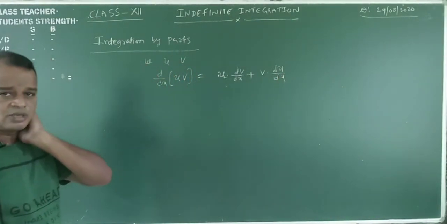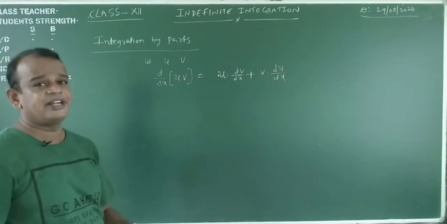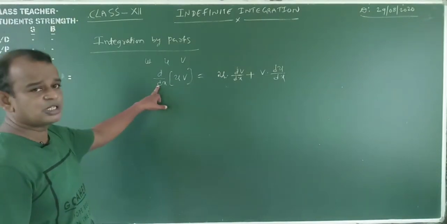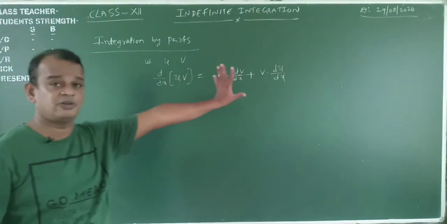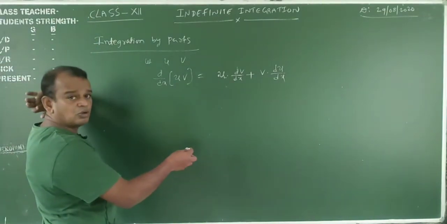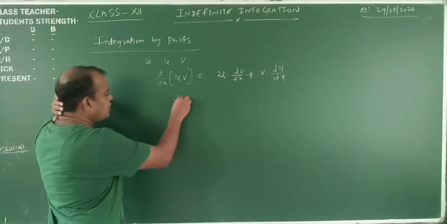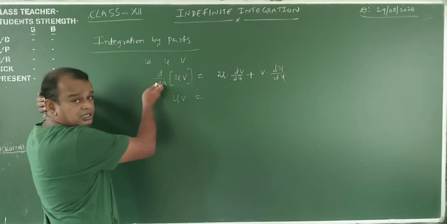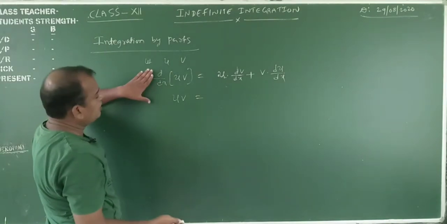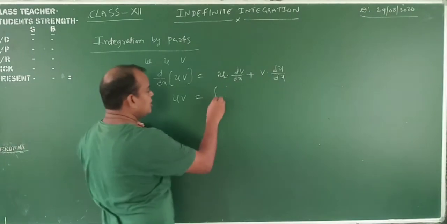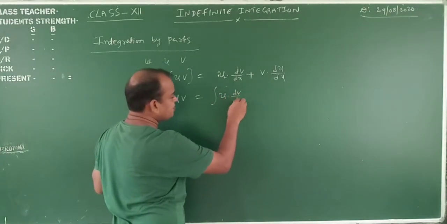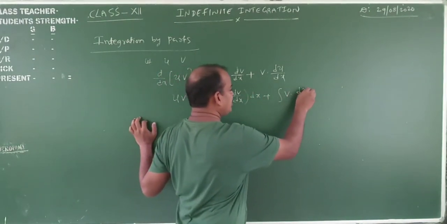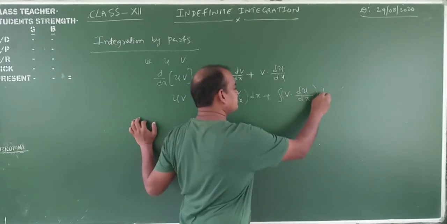Now we will take the integration on both sides. Integration means taking the antiderivative, the inverse process. Taking integration on both sides with respect to x, the integral and derivative cancel, so the integral of uv is equal to the integral of u into dv by dx with respect to x, plus the integral of v into du by dx with respect to x.